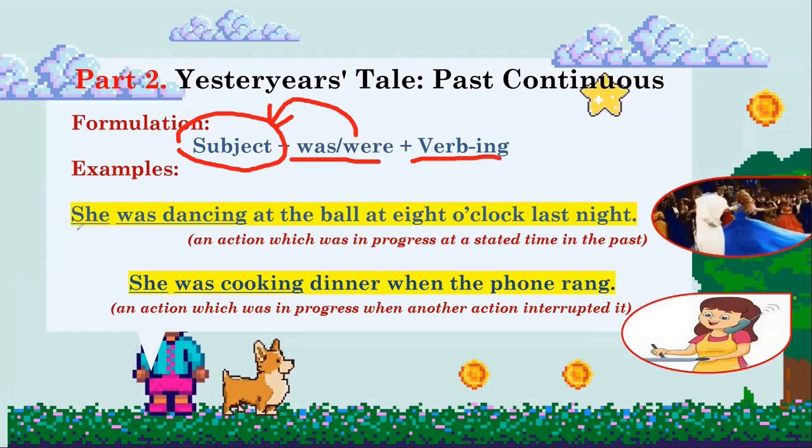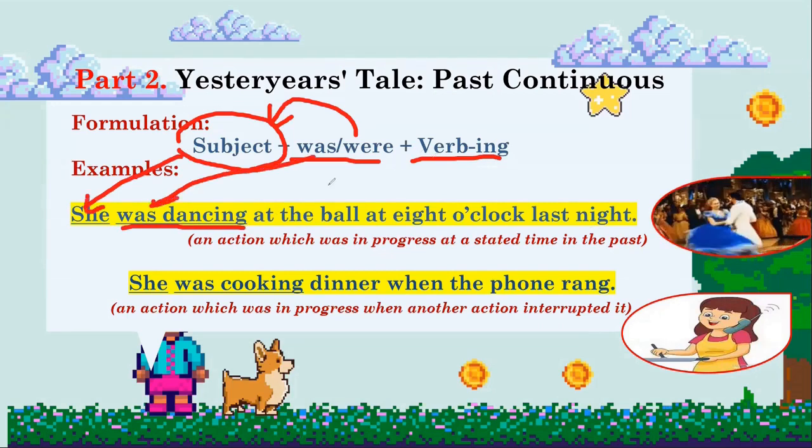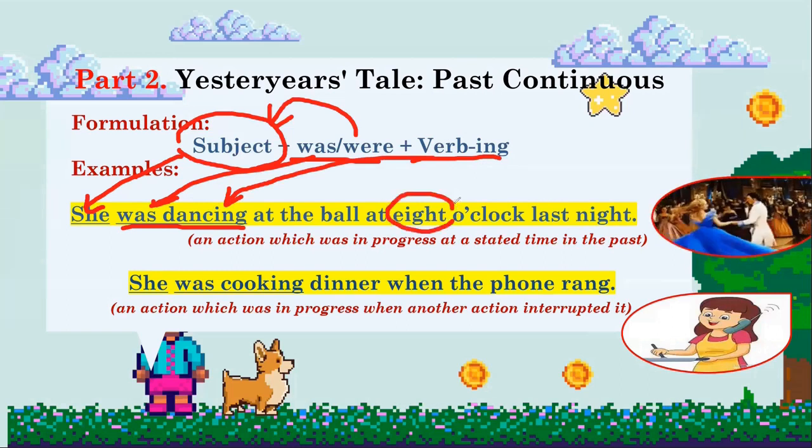Example number 1: She was dancing at the ball at 8 o'clock last night. So for this sentence, we have the subject she, and for dancing the verb is with was and verb-ing, dancing here. We also see another important phrase here, 8 o'clock and last night.